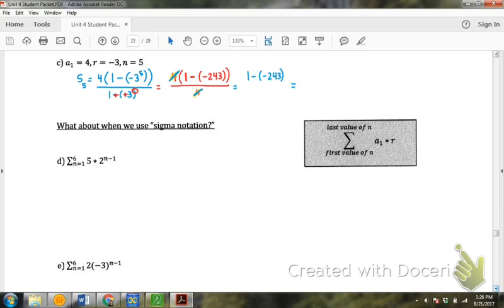The reason we couldn't do it back here was because of this 5. That's an exponent, and order of operations says you have to do exponents first. If I did plus plus here, that would not be following order of operations. But here I have no more exponents, so I can change the signs. And so I get 244.